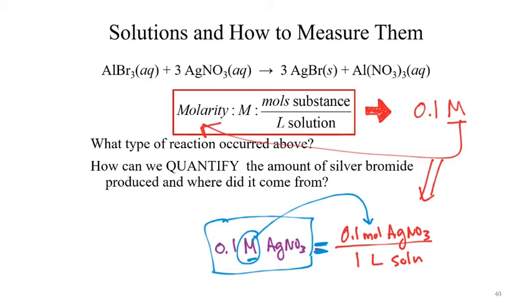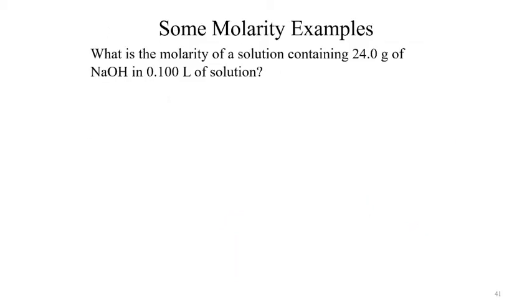Speaking of which, we've got some conversions. So, what is the molarity of a solution containing 24.0 grams of sodium hydroxide in 1.1 liters of solution? Okay, so again, what are we aiming for? Being asked to solve for molarity, which would be capital M, which we just said, oh my God, don't write capital M, write moles over liters. Moles of what?